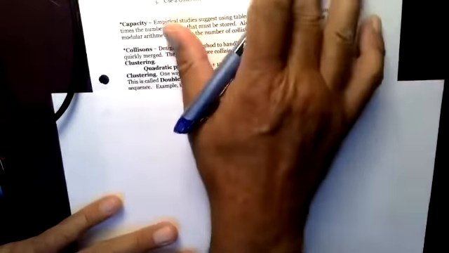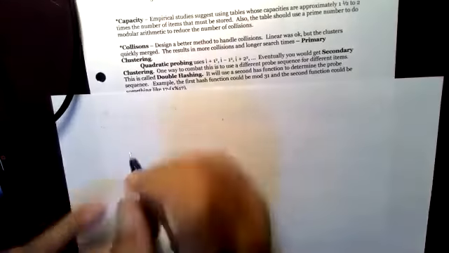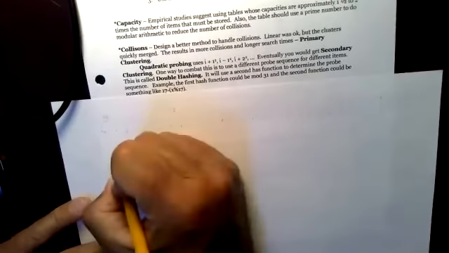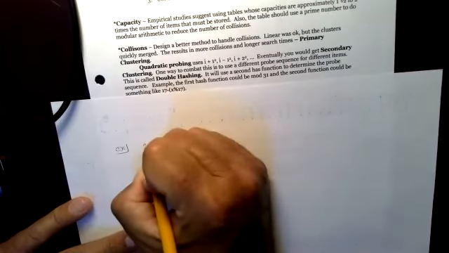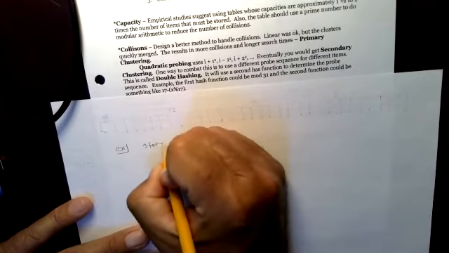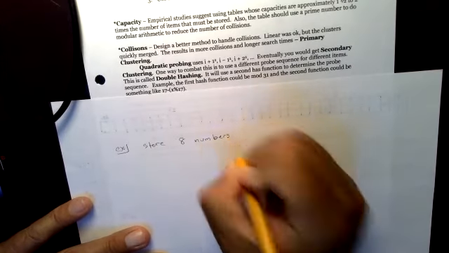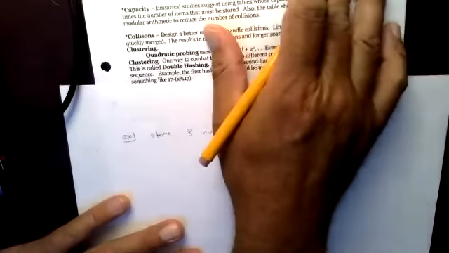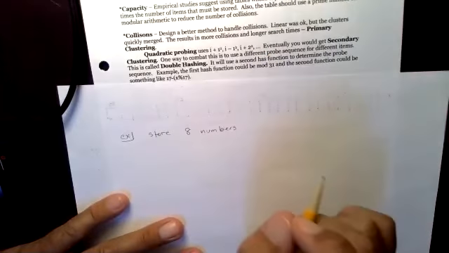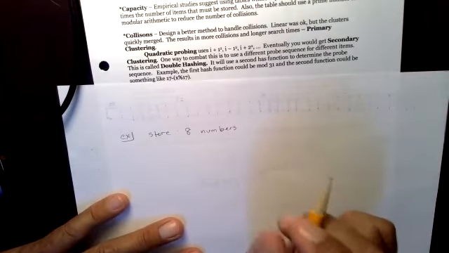I want to store 8 numbers. I'm gonna do this in pencil. Example: store 8 numbers. Okay, and I want to store them. So how big of an array might I use?